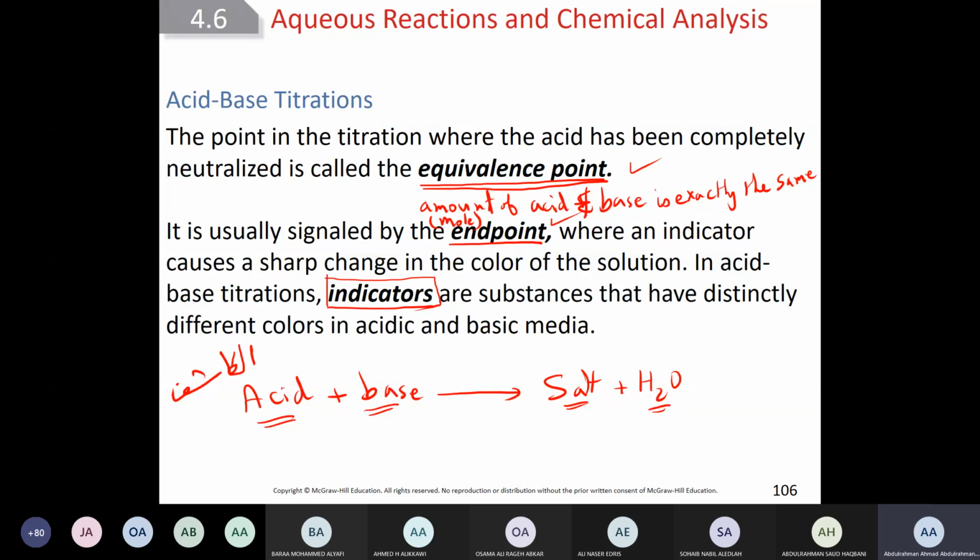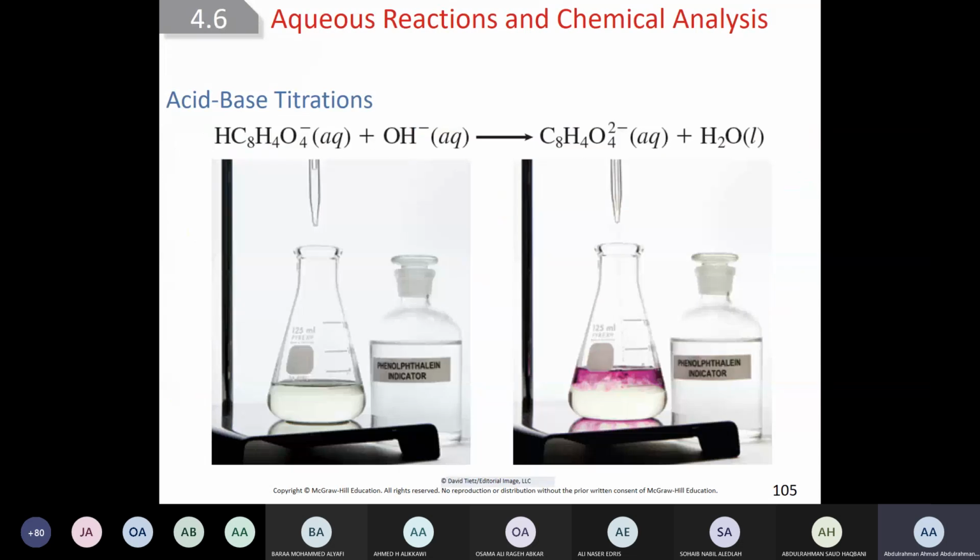What's the property of the indicator? It changes its color when you reach the equivalence point or the end point. When you add acid to the base and the color starts changing, what does that mean?